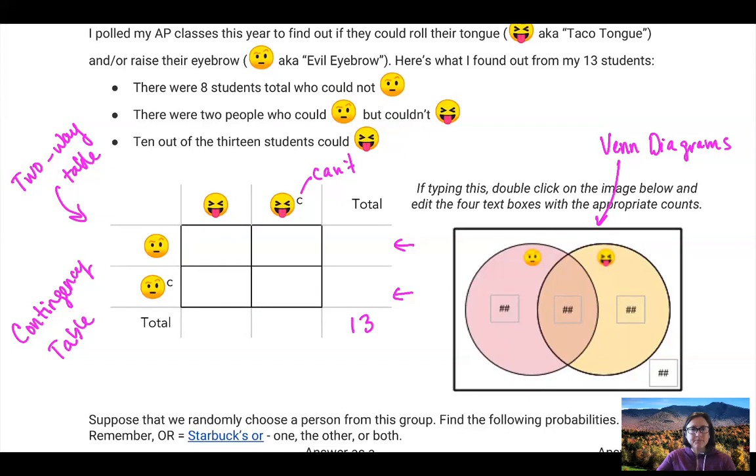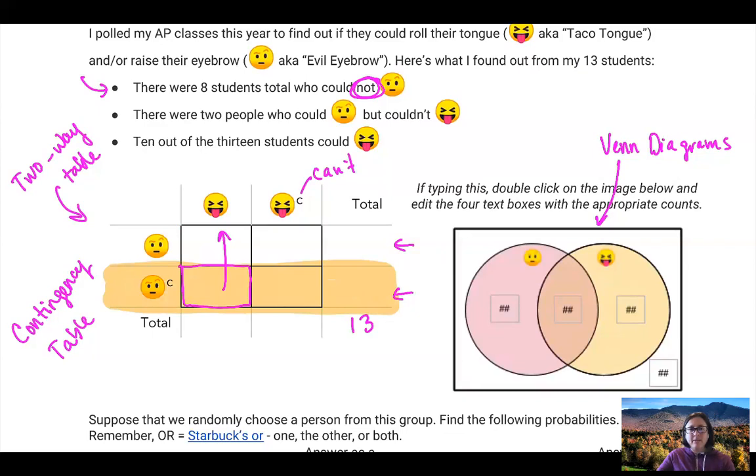So when I look at that first bullet point, there were 8 students total who could not raise their eyebrows. So I'm going to look at the row that involves students who could not raise their eyebrows. That's right here, and figure out which one of those 3 boxes that 8 is going to go in. So in this first box here, this would represent students who could not raise their eyebrows, but who could roll their tongues.